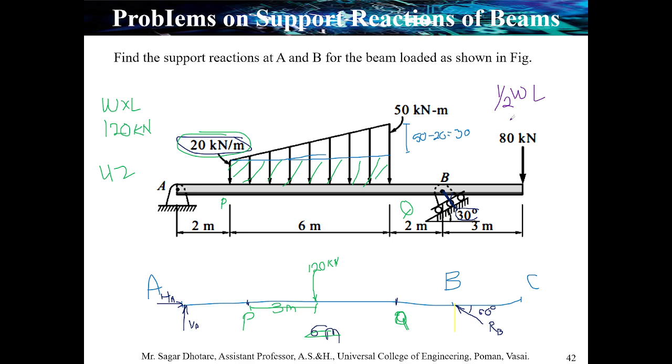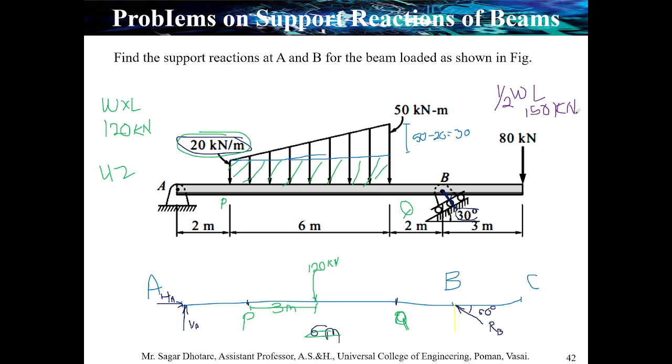So total is 300 divided by 2 is 150. So the magnitude of this force is 150 kilonewton.